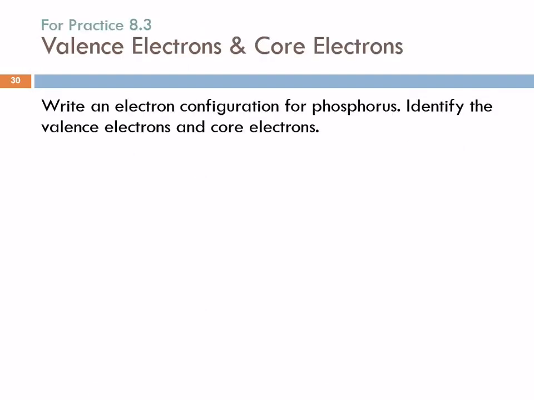So write an electron configuration for phosphorus, identify the valence electrons and the core electrons. How many electrons does phosphorus have? 15.